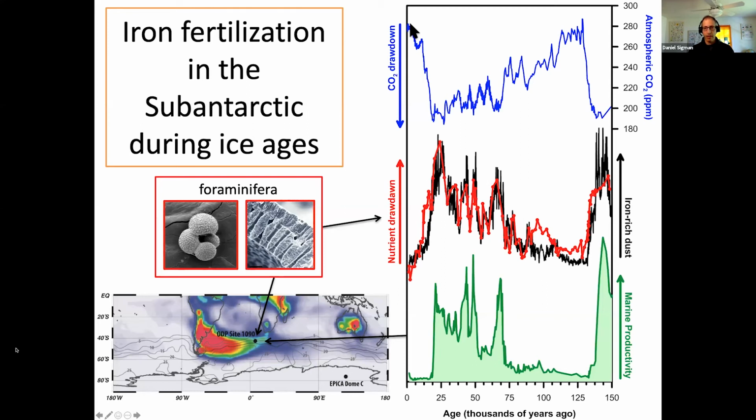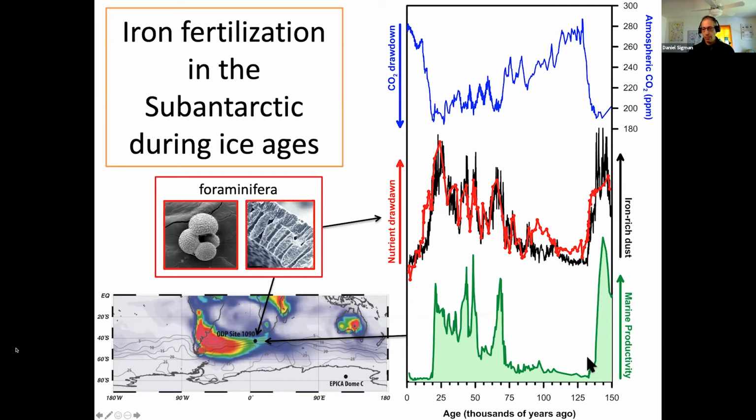Here we have just that one cycle from that CO2 record that I showed you before: the previous ice age, the previous interglacial here, the last ice age, and the current interglacial. When we look down here, we see in black a reconstruction of dust flux. So dust fluxes to the ocean were indeed higher during the ice ages.